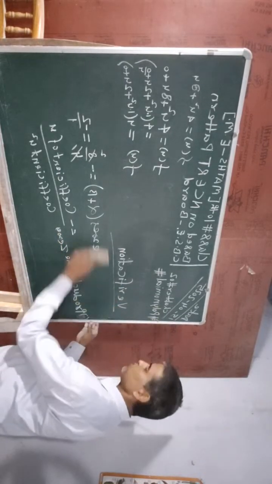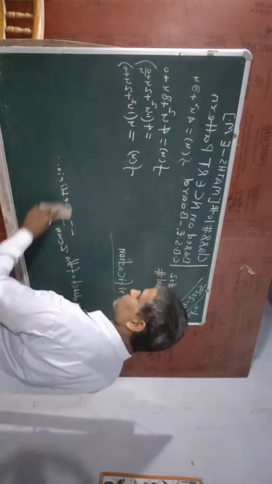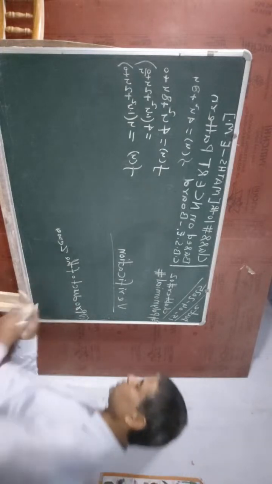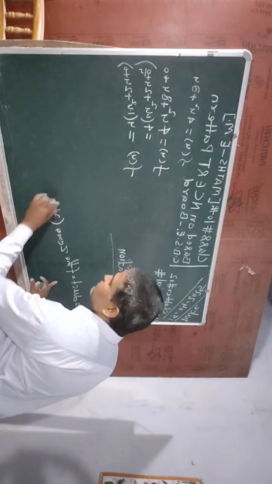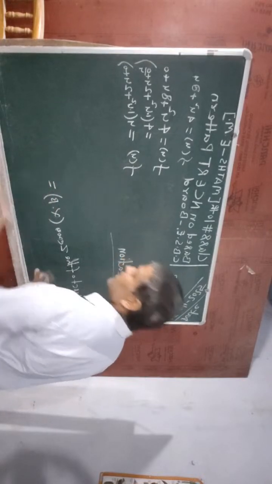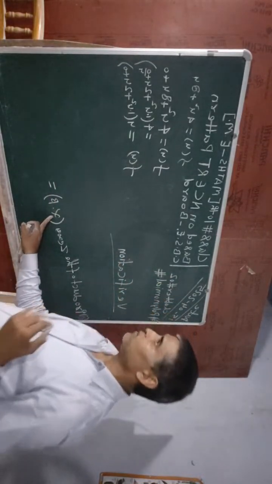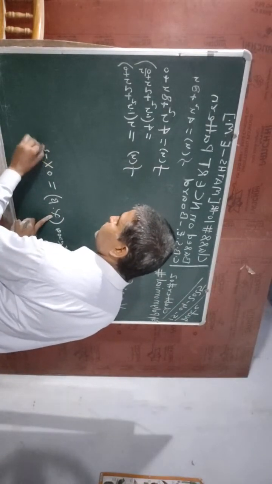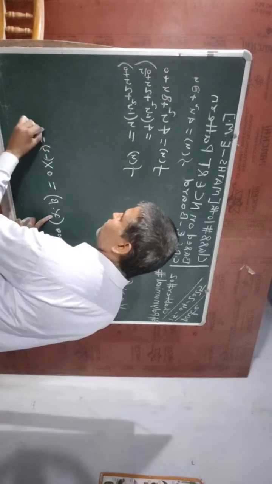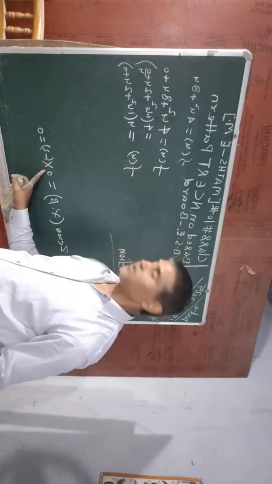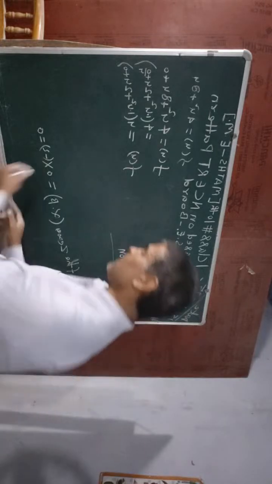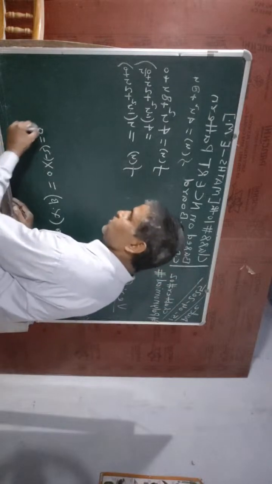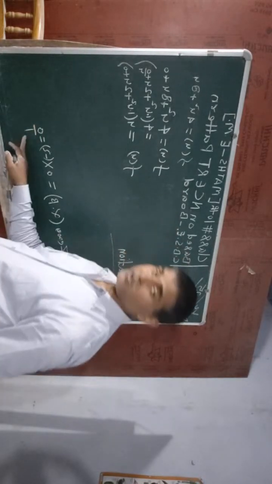Now I am going to erase every earlier piece of information because further calculation can be done easily. Okay student, so the product of the zeros equals alpha into beta. One root is 0 and the other root is minus 2, so after multiplication we get 0. If you multiply any number with 0, it becomes 0.